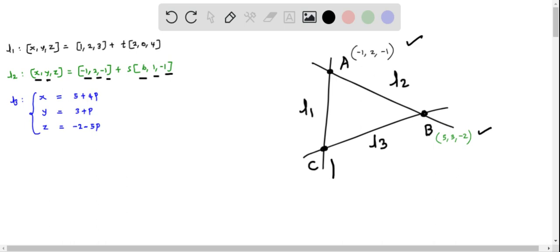Now let's see how to find this intersection point C. This is basically the intersection between the lines L1 and L3.